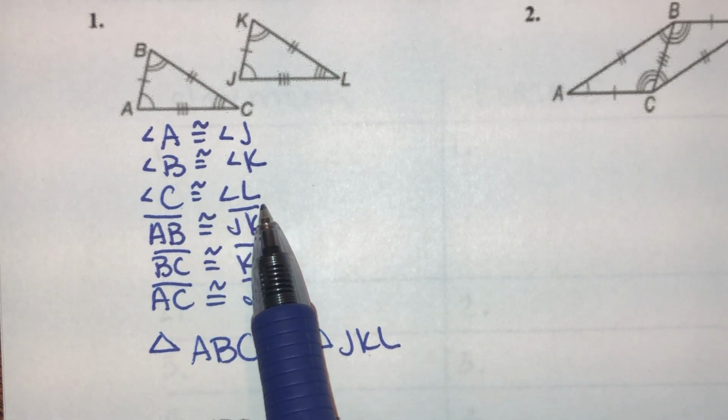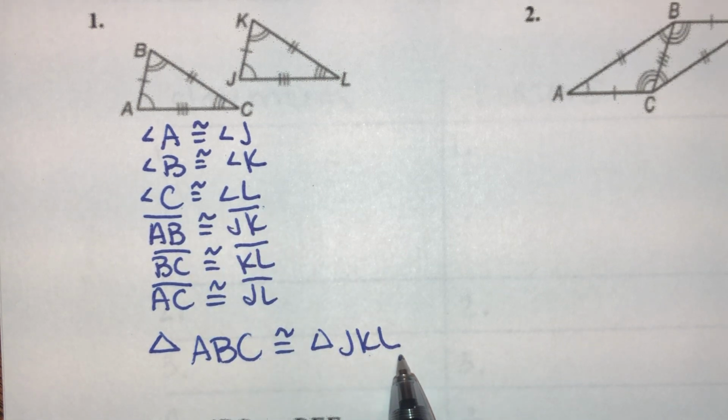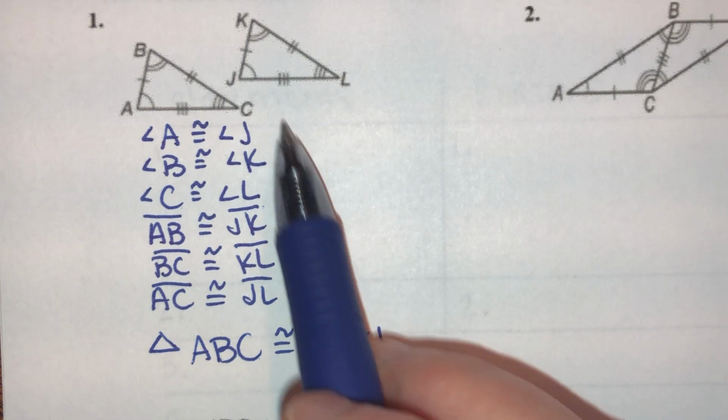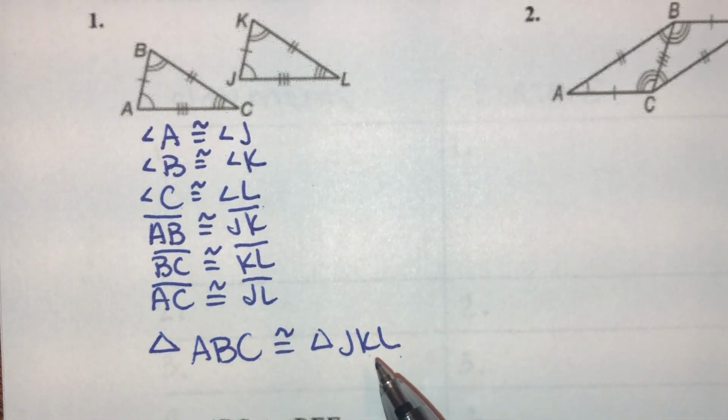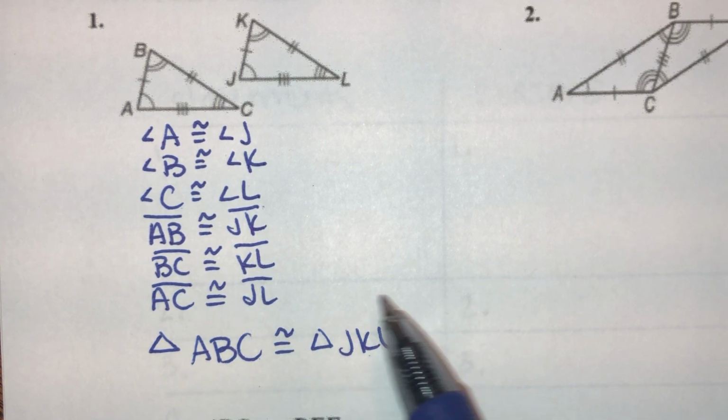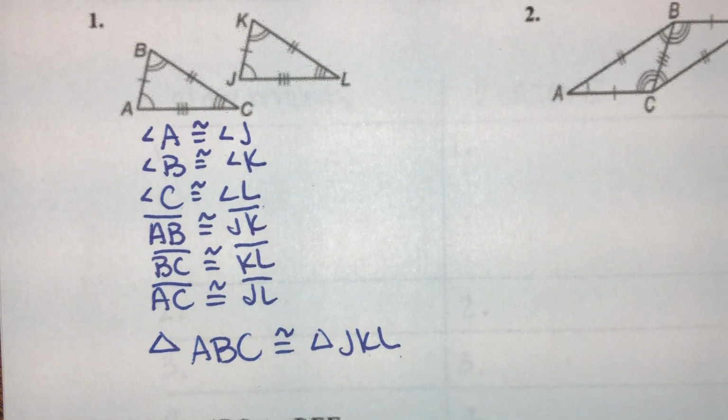And C and L are corresponding, so I have to write them in the same position. So I could have called this triangle BCA, but then I would have had to call this one triangle KLJ. Whatever order letters I put the first triangle name in, I have to put the second triangle name in corresponding order.